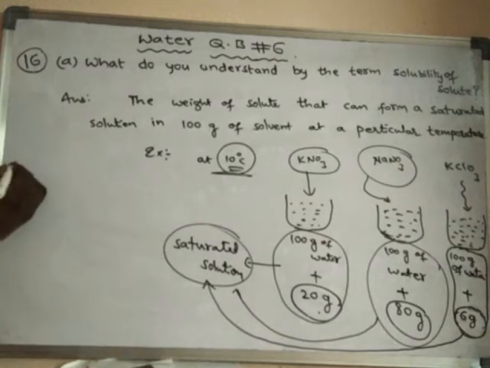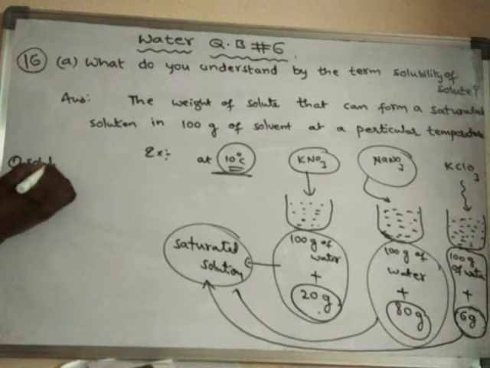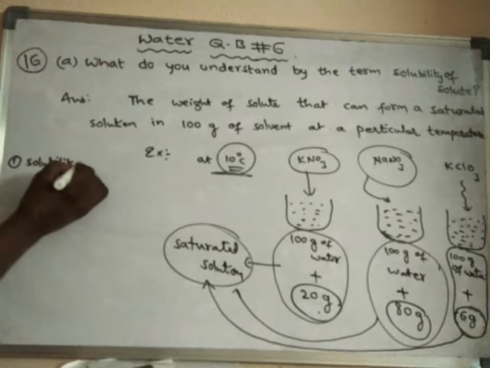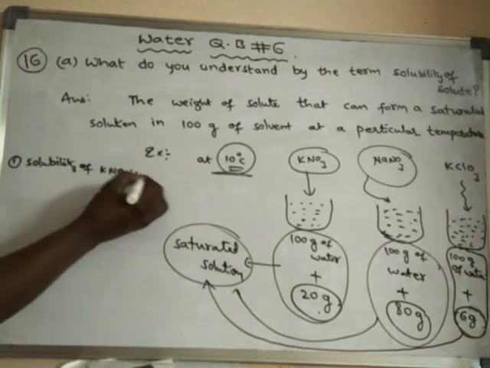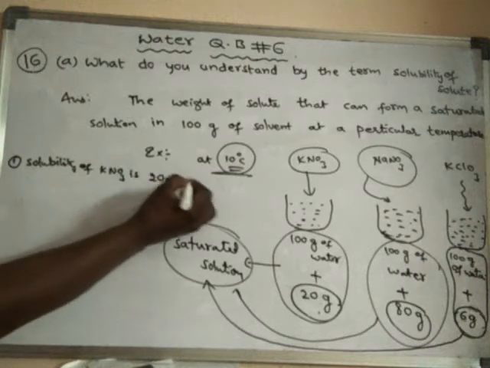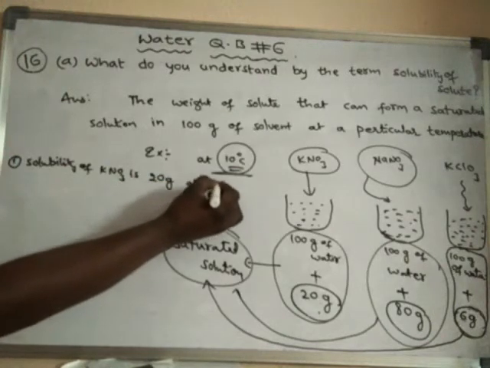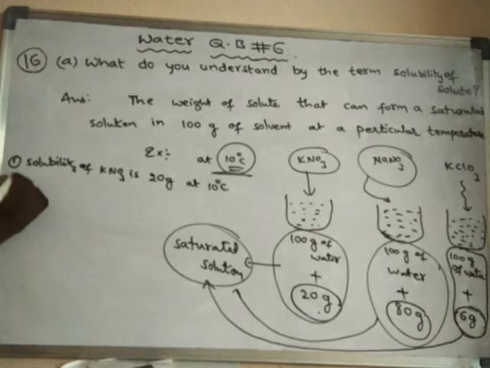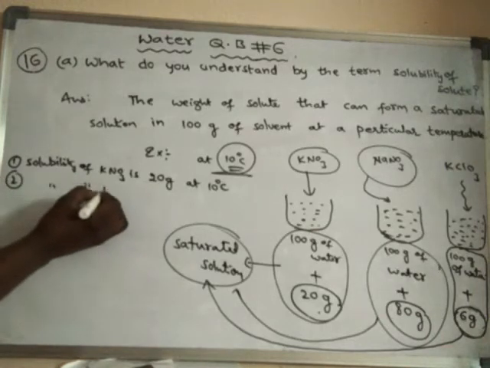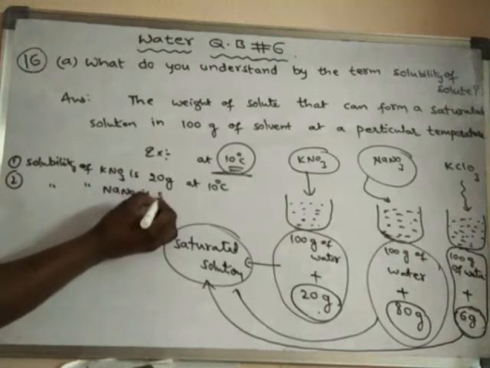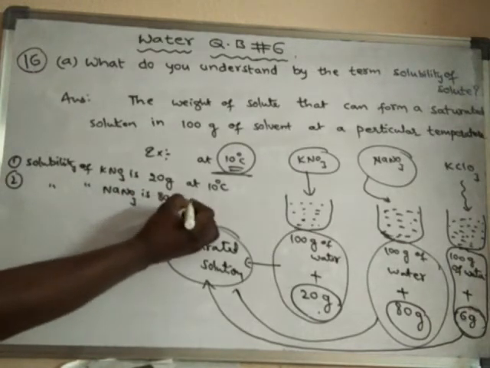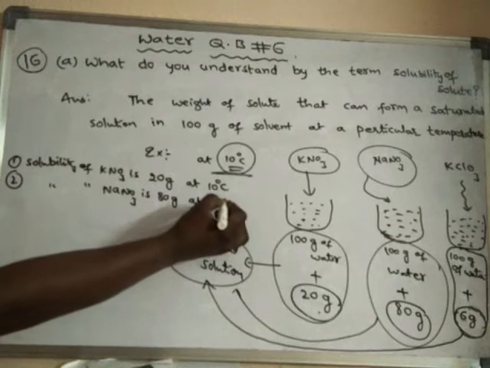So from this we can understand that the solubility of KNO3 is 20 grams at 10 degrees centigrade. Solubility of NaNO3 is 80 grams at the same 10 degrees centigrade.